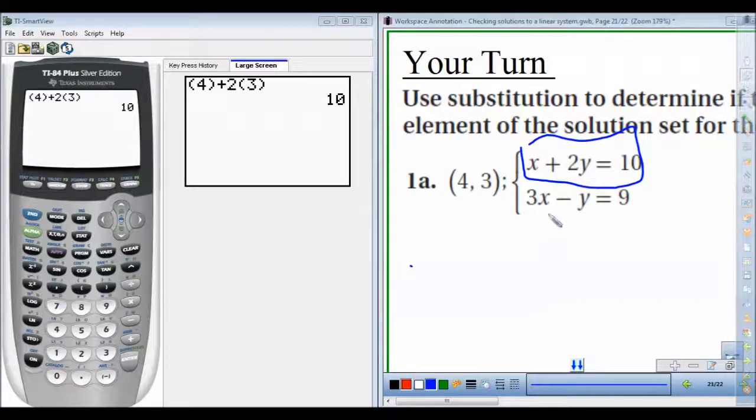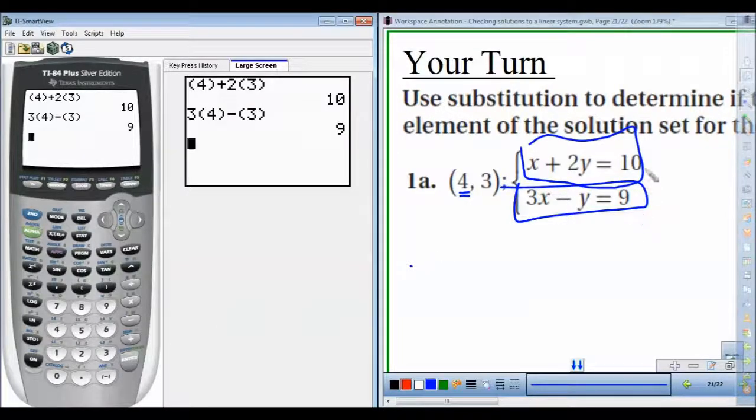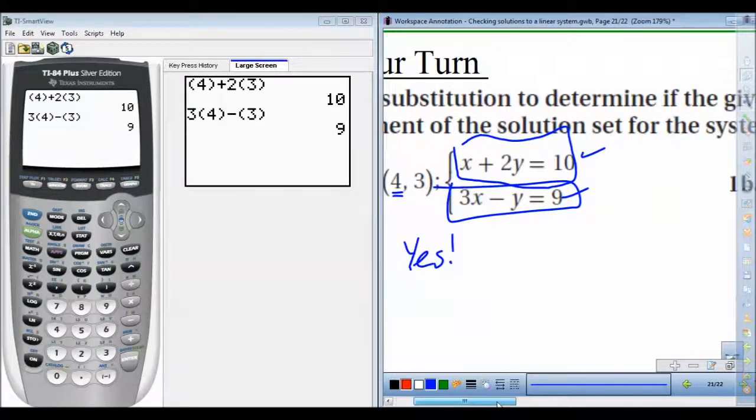Now, let's do it here. So now we have 3, use parentheses for the x value that we're plugging in here, which was 4. Close that parenthesis, and then minus, and then our y value was 3. Enter. We get 9. So we got 10, we got 9. So is this a solution? Yep. We move on to the next one.